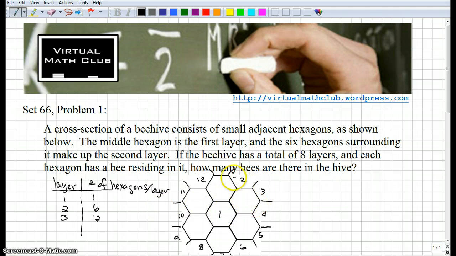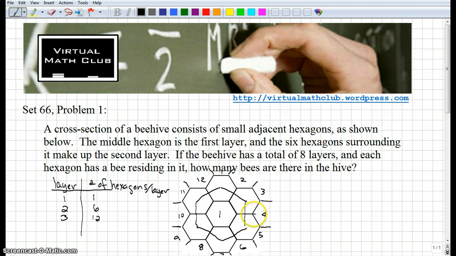You might notice too that in the first layer we just have 1 hexagon, and in the second layer, if we were to connect the centers of all of these hexagons to actually draw another hexagon, you can see that we have 2 hexagons per side and 6 corners, right?